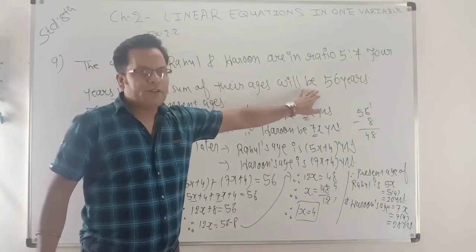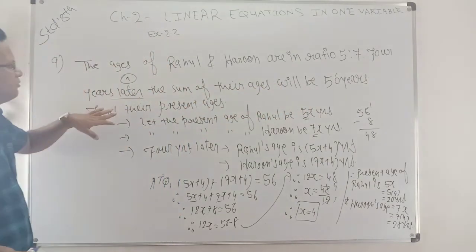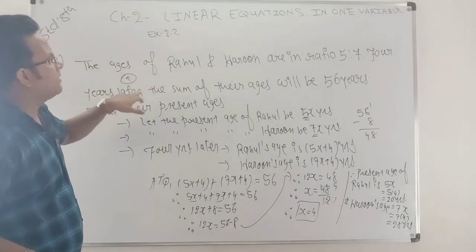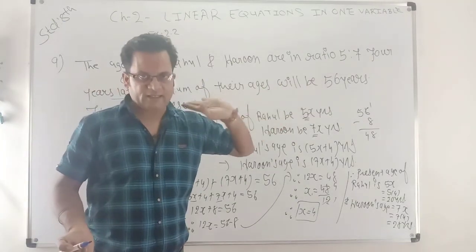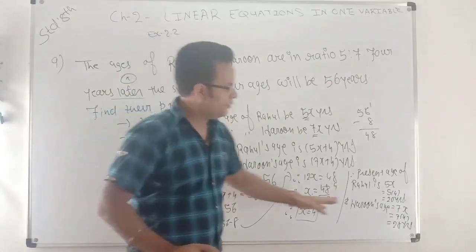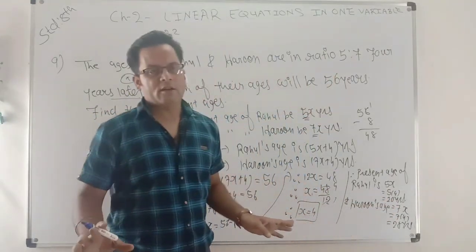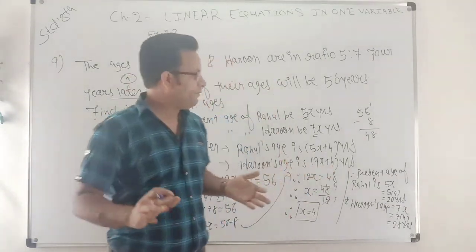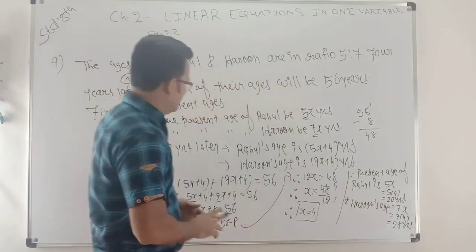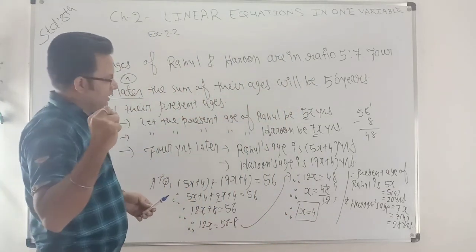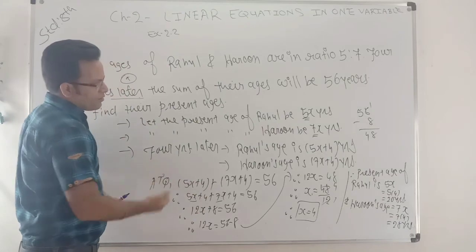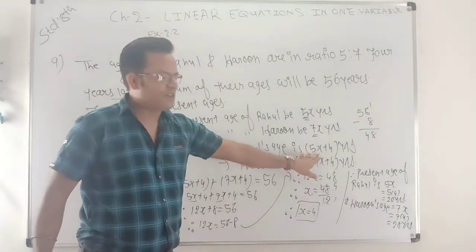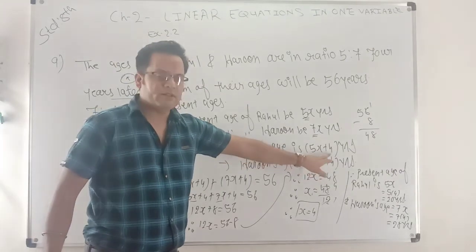Now see students, here you have to remember in the question what is written, that 4 years later the sum of their ages will be 56 years. Because if you make your addition 20 plus 28, it won't be the given sum, 56. So if you substitute the value of 4 in the after 4 years equation, that is 5x plus 4, then it will be 24. 5 4s are 20 plus 4.